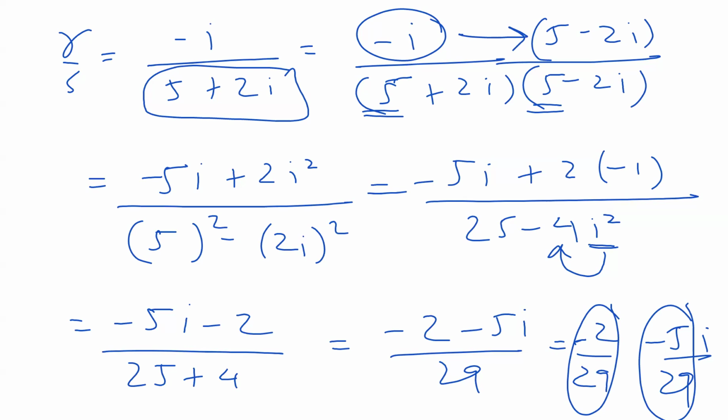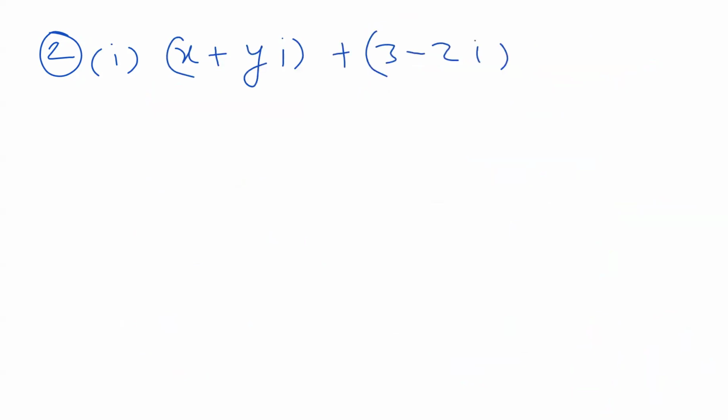Okay, so let us go to the second problem now. Second problem, we are supposed to find out the values of x and y. So the first sub question is (x + yi) + (3 - 2i) = 1 + 4i.